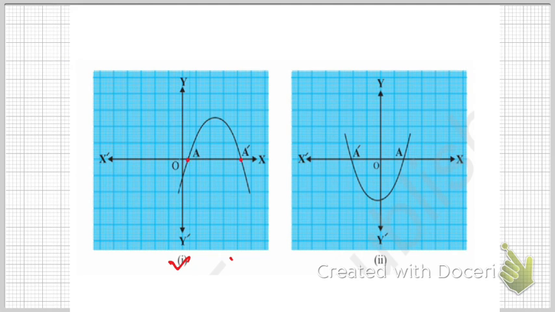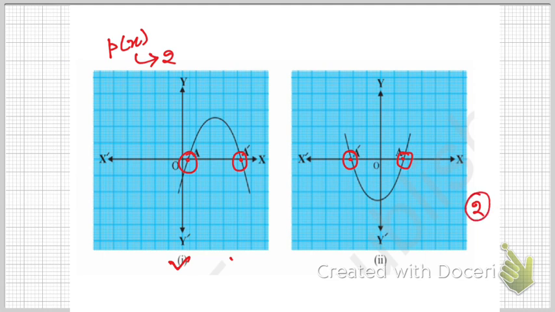This is one point and this is the other point. So the number of zeros for this polynomial p(x) is 2. Similarly, here also, at this point and this point, we again have the number of zeros as 2.